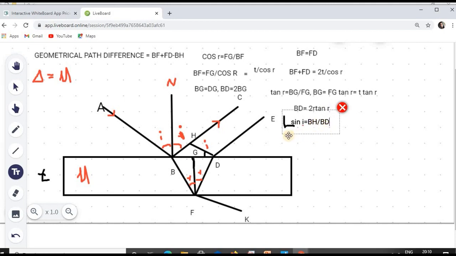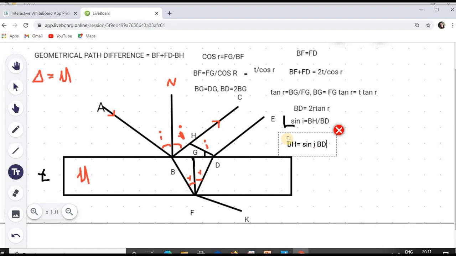And from that I'll get BH. We'll get BH is equal to sin I into BD.